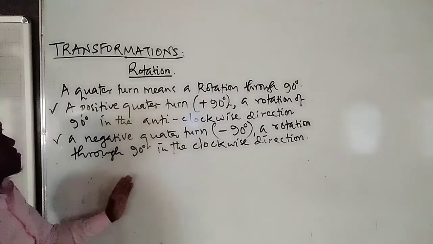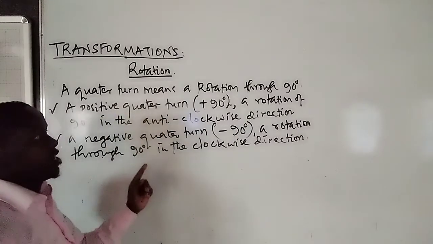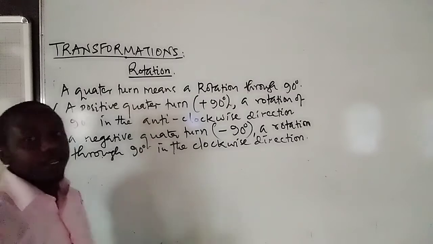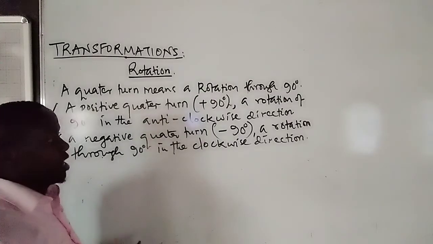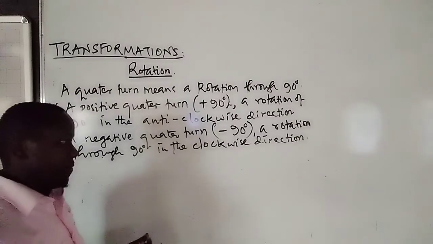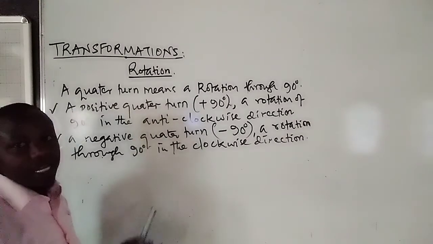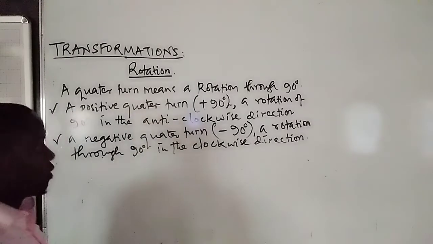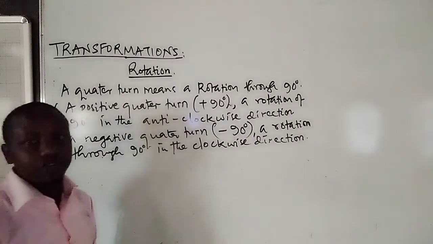Therefore, in this language of rotation or transformations, a positive quarter turn means a rotation through an angle of 90 degrees anti-clockwise. A negative quarter turn means a 90-degree rotation, but in the clockwise direction. Therefore, that's all about rotation.